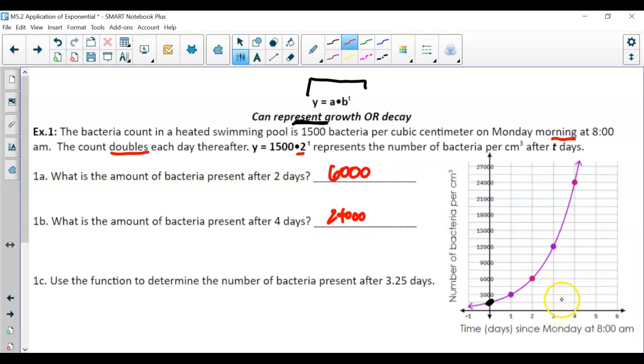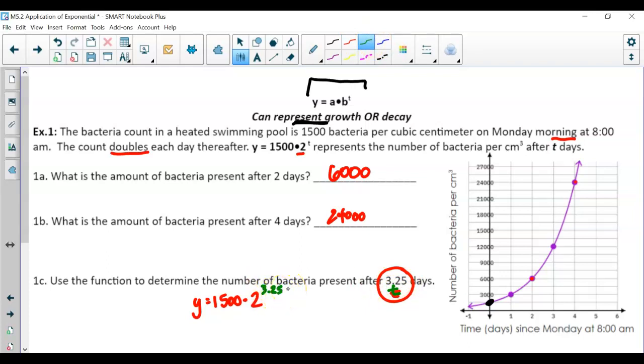Now, see, we would have to kind of estimate, right? So it would be somewhere in this range, but we can't really tell. So now we would then calculate, right? So for example, if this is our t, our time in days, we're going to use this function. Y is equal to 1500 times 2 to the t power. Well, what is t? T is 3.25.